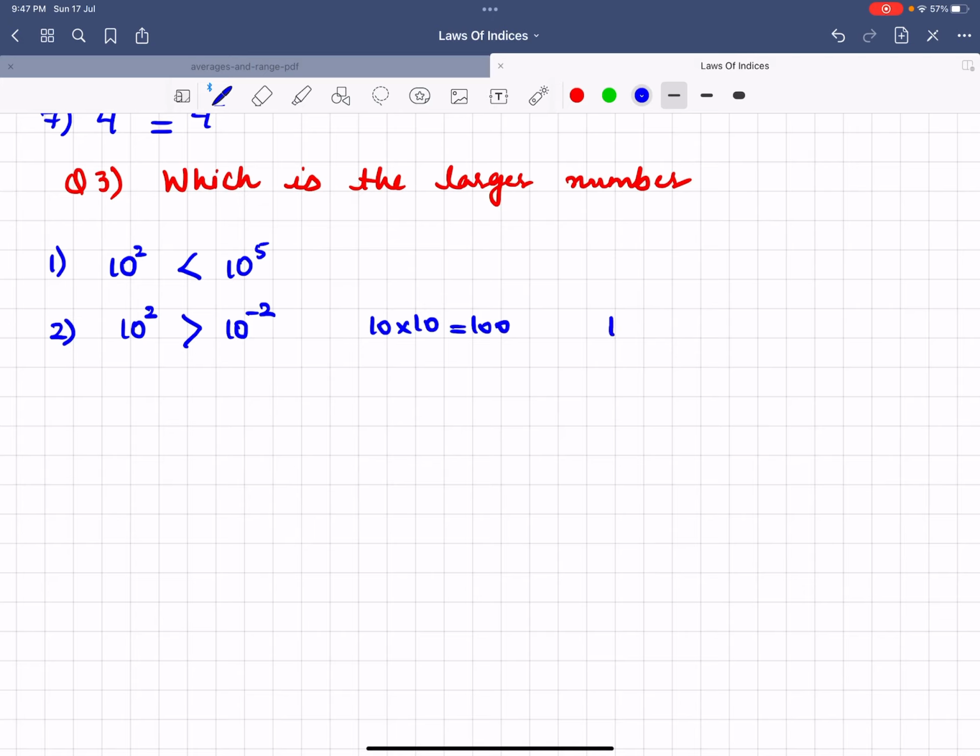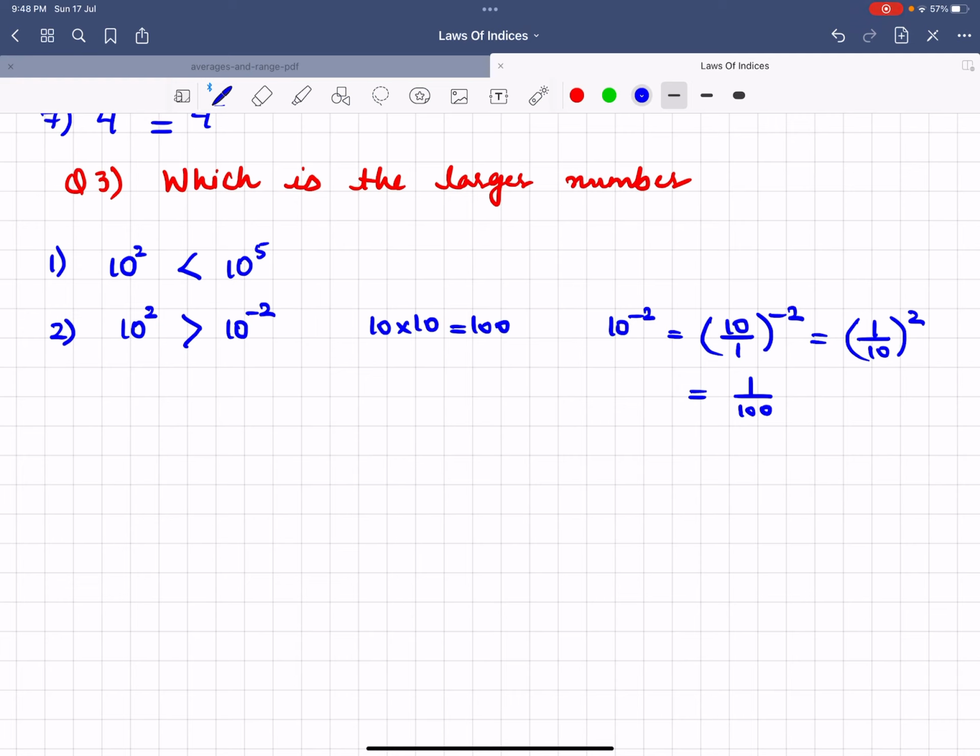And 10 to the power of negative 2 is 10 over 1 to the power of negative 2. Or when we want to work it out, we take the reciprocal, 1 upon 10 to the power of 2, which is the same as 1 upon 100. And that's why it is divided. So 1 upon 100 is clearly smaller than 100.